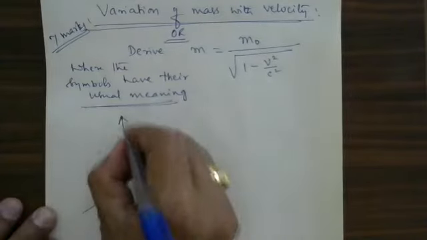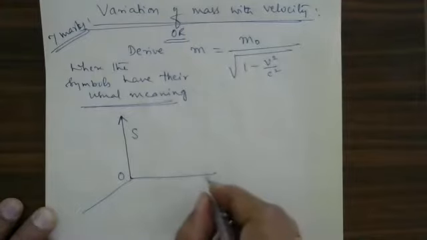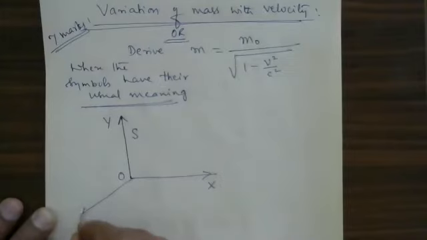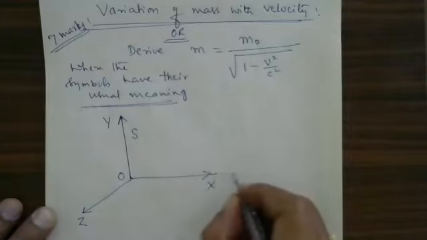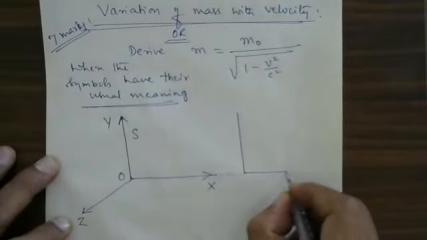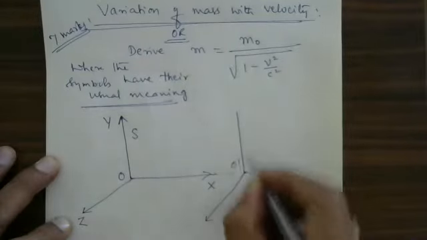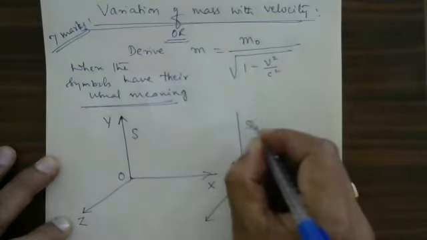This is a frame of reference S, which has the origin O and the coordinate axes X, Y, and Z. I will also consider one more, a moving frame, with origin O dash. This is S dash.